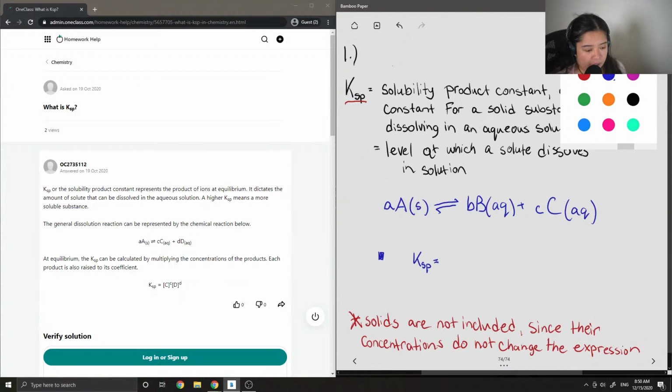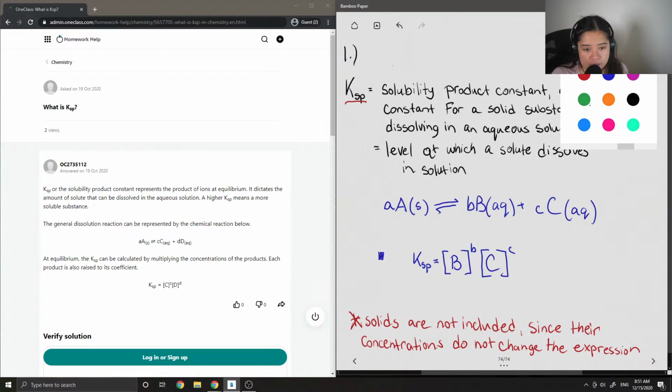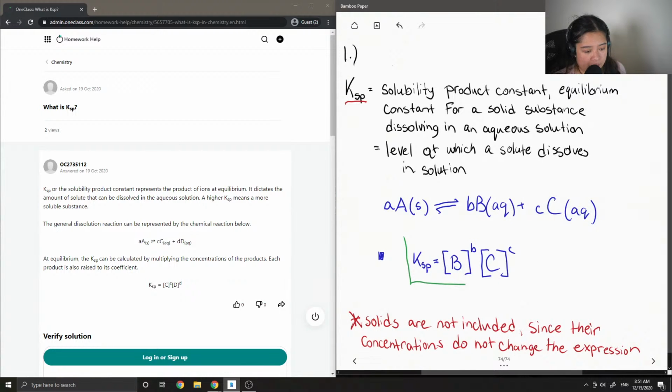Okay, so let me just finish off writing the KSP expression. It'll be the concentration of B to the power of its coefficient multiplied by the concentration of C to the power of its coefficient. And this would be the KSP expression for this general chemical reaction.